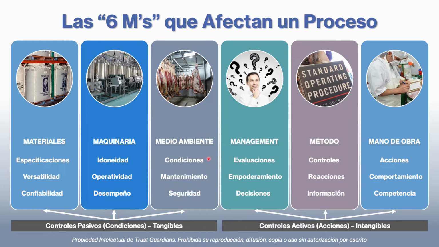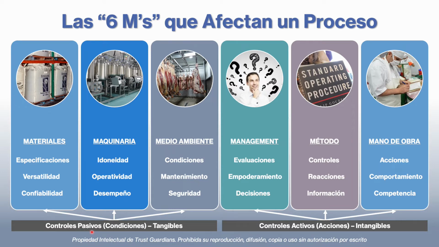So the conditions of the environment need to be maintained. And lastly, the end is to have a safe environment, to have a safe surface to contact with the products, safe air circulating in the area, safe water. Everything we use as part of the environment needs to be safe. So it's about the conditions, the maintenance of the conditions, and the safety. These 3 key elements are the passive controls.